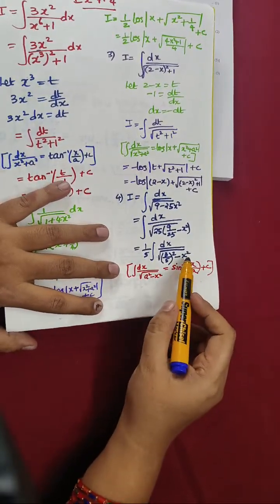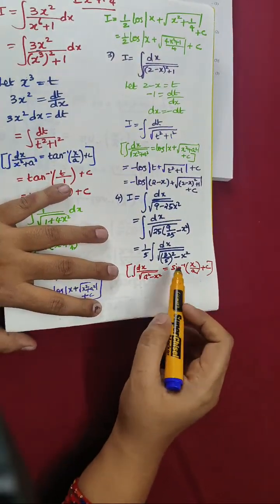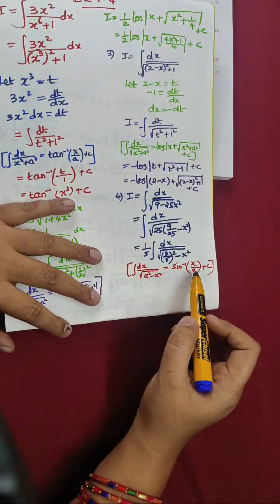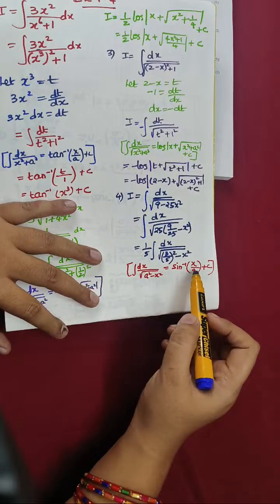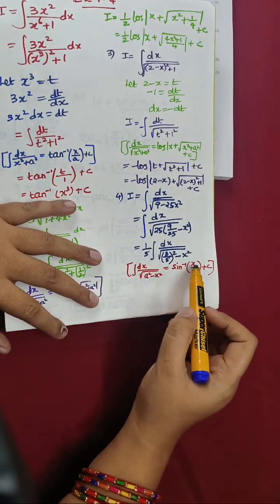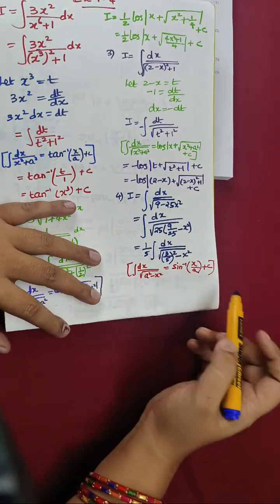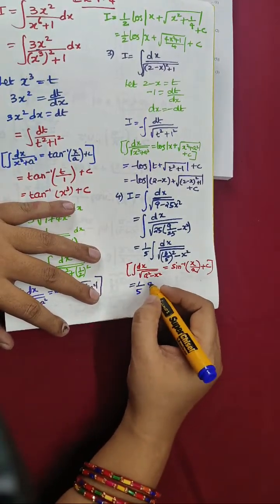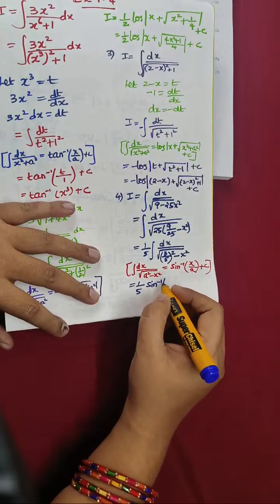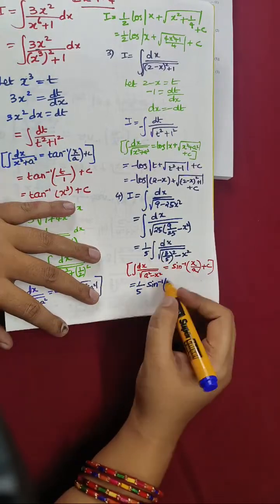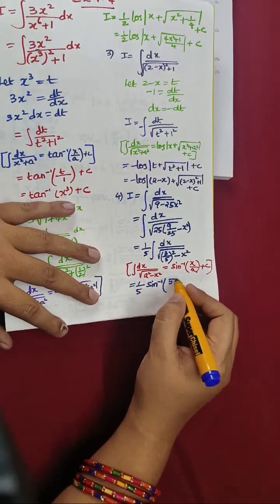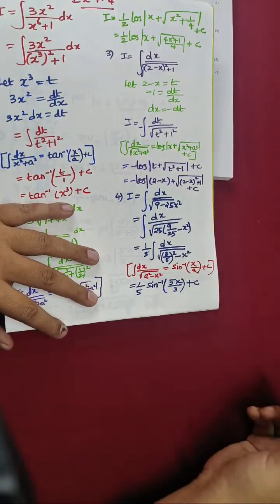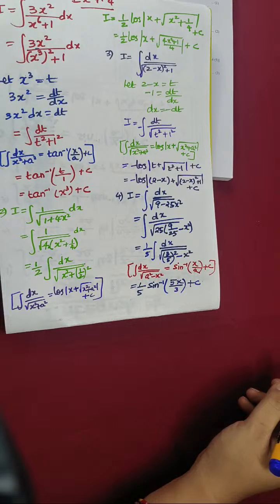In place of x you have x as it is, and in place of a you have 3 by 5. And since a is in the denominator, when you substitute it will be of the form x by 3 by 5. So we can write it in reciprocals, and you already have 1 by 5 outside. When we use the formula, the reciprocal of 3 by 5 is 5 by 3 into x plus c. This is the required answer.